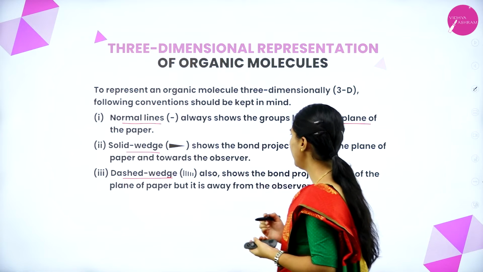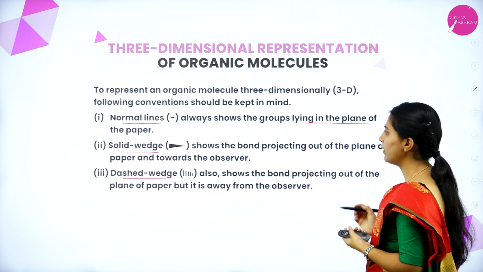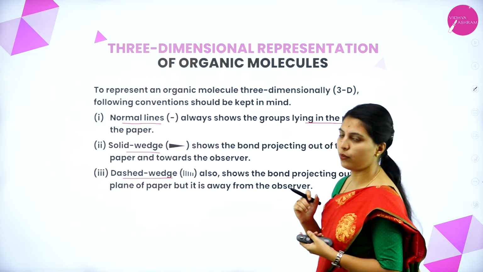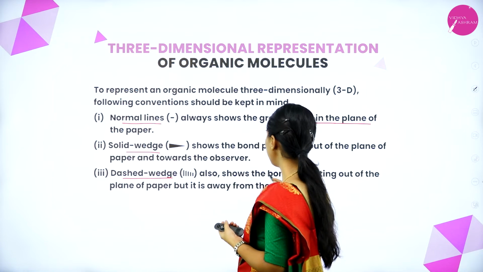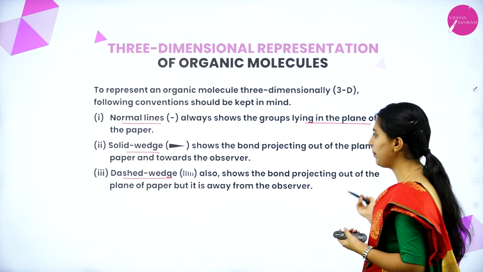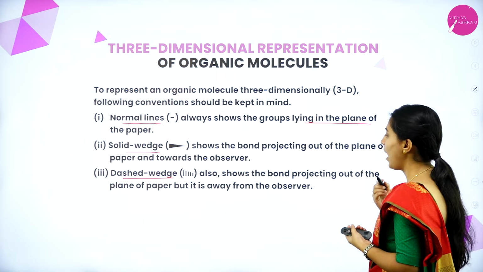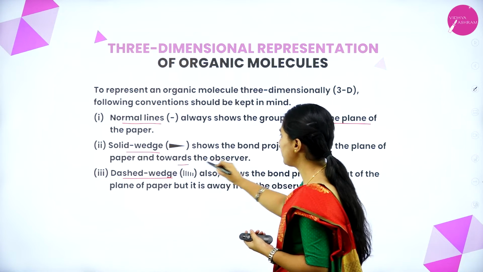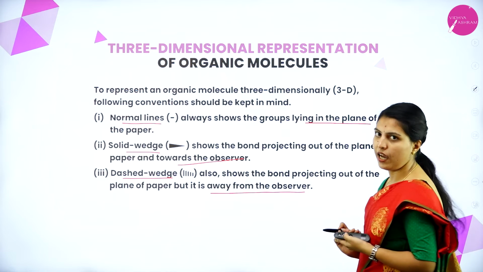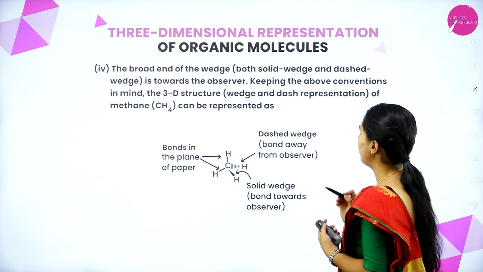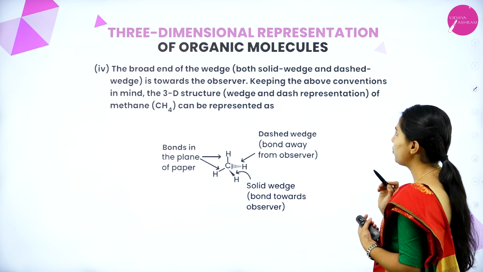Solid wedge shows the bond projecting out of the plane of the paper, towards the observer. Dashed wedge also shows the bond projecting out of the plane of the paper, but it is away from the observer. See here, the broad end of the wedge is towards the observer.